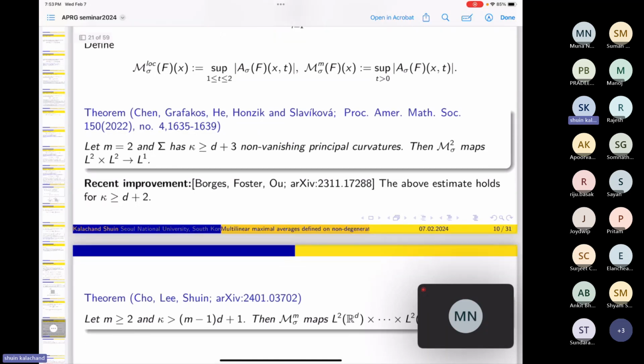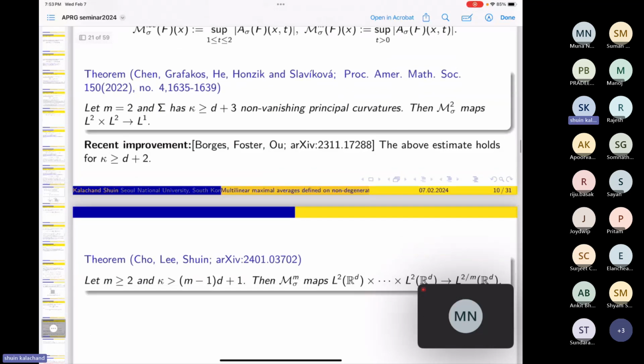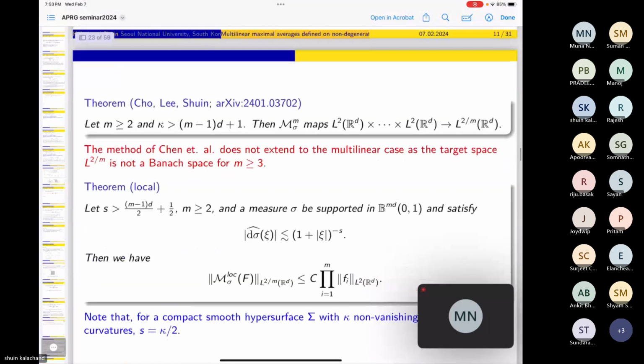But here, in the case of a general hypersurface, the proof given by Chen, Grafakos, Honzík, and Slavíková does not extend to the multilinear case when m is greater than or equal to 3, because the target space is a non-Banach space, since 2 over m is less than 1 when m is at least 3. So their technique only works when the target space is a Banach space. In this work, we have given a uniform proof for all multilinear cases m greater than or equal to 2.